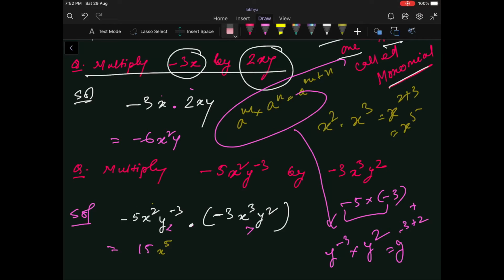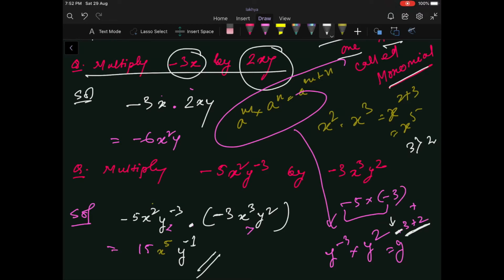Here this is minus 3 and this is plus 2. One number is negative, another is positive. In that case we need to subtract. 3 minus 2 is 1, so it should be y to the power 1. But here we know 3 is numerically greater than 2 and the sign before the greater numerical value is negative, that's why it should be minus 1. So this is our result. That's how we can multiply these two.